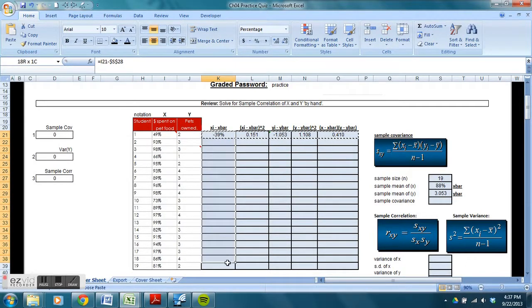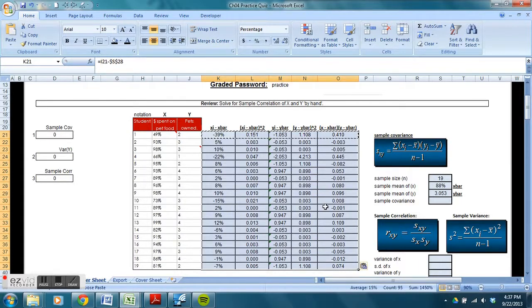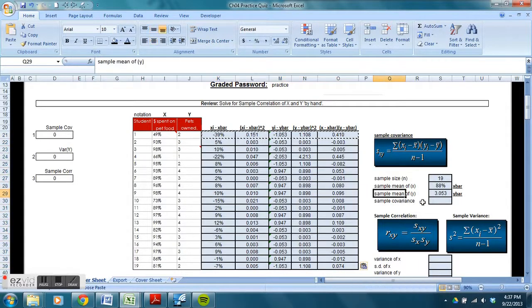Now let's figure out the sample covariance. Here's our equation for sample covariance. It is the sums of xi minus x bar multiplied by y sub i minus y bar, and that's right here. So we want to sum this column.